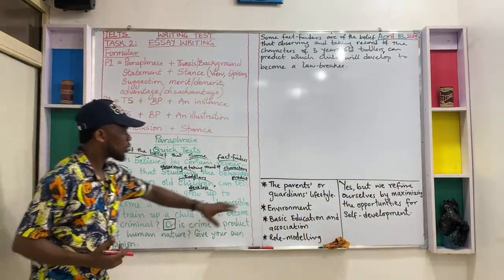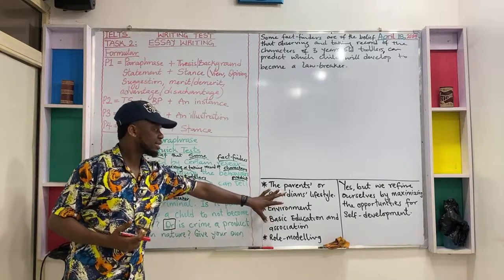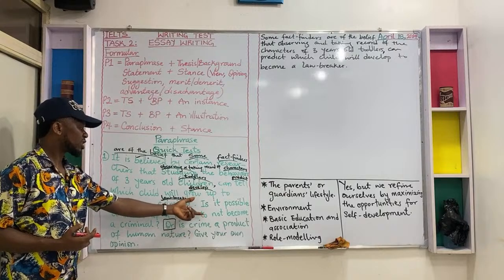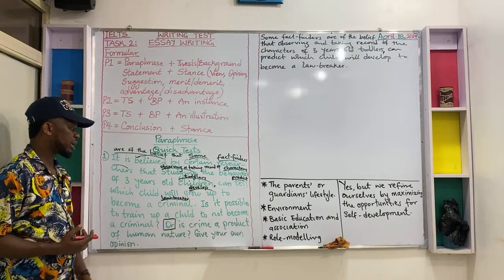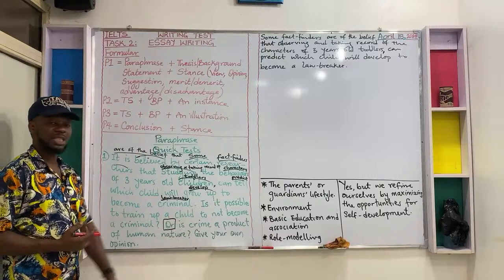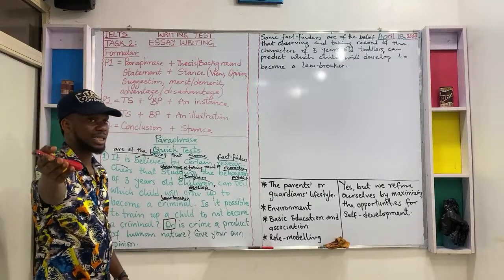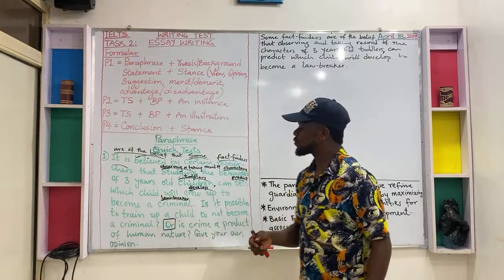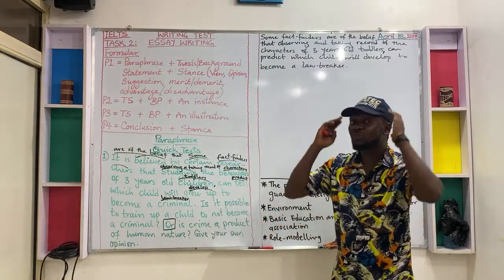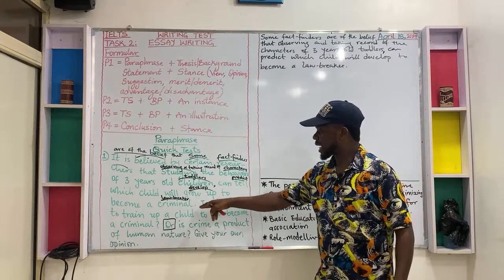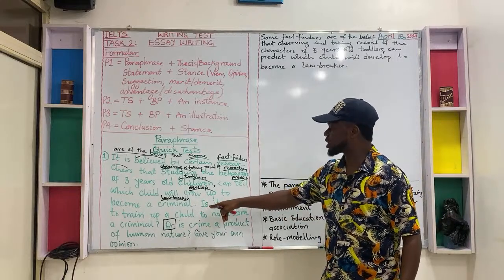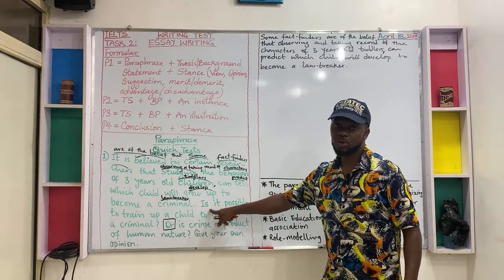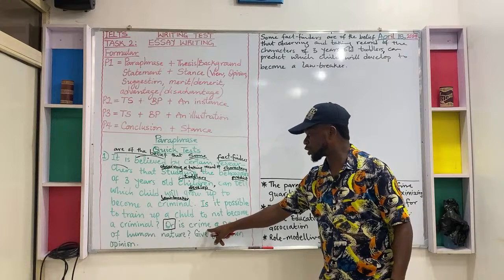Okay. No, we were still treating the issue of the possibility of training up a child to not become criminal, and if crime is a product of human nature. Then I was asking everyone, yourself and those on the YouTube platform, if we feel that this question requires us to treat both this possibility of training up a child not to become a criminal, and if crime is a product of human nature.